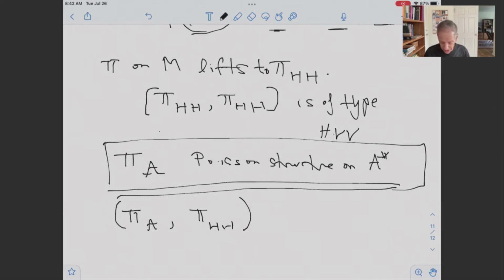And so the question is, how are the properties of this pair related to the question of whether we have a Poisson Lie algebroid?